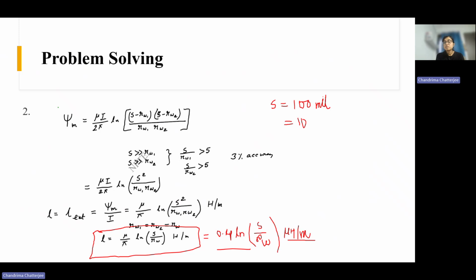So 100 mil, first to inches, then to centimeter. So this is 0.001 multiplied by 2.54. This is in centimeter. So this is 0.254 centimeter.